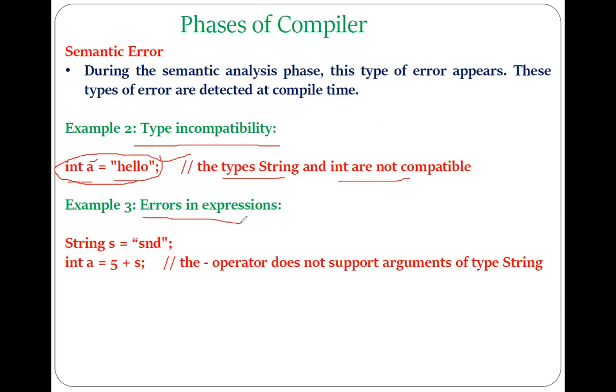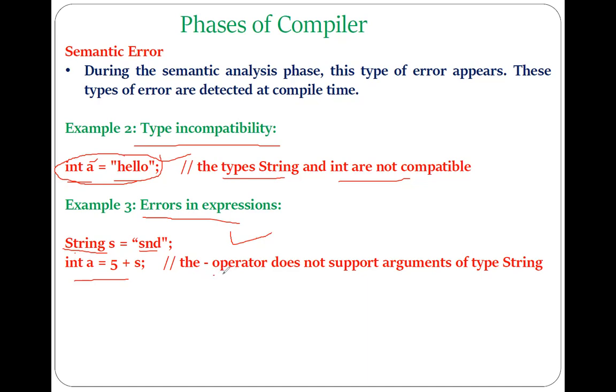Then there are errors in expressions. If you write an expression like this, you can see here you have declared the string s as "snd", and here int a = 5 + s. Now you cannot do the addition of a string and an integer. So this also comes under the category of semantic error.